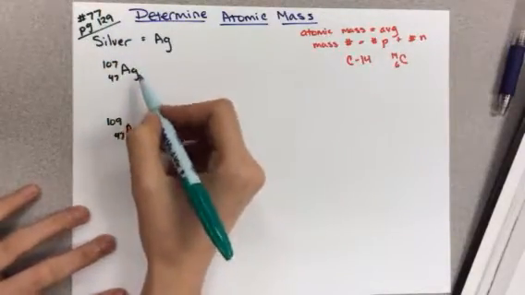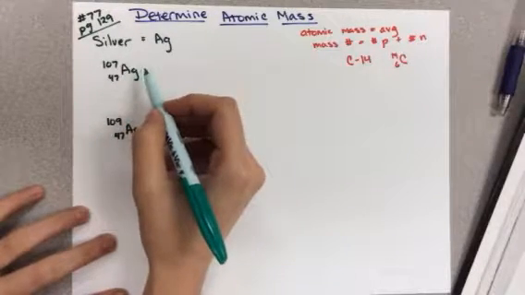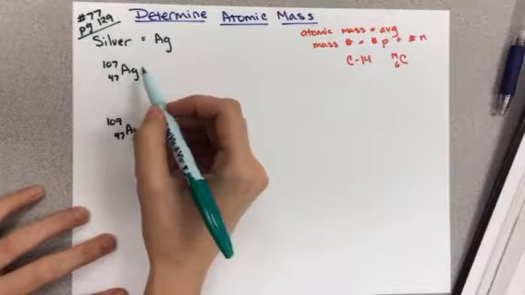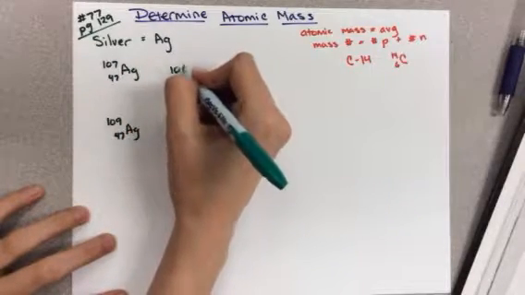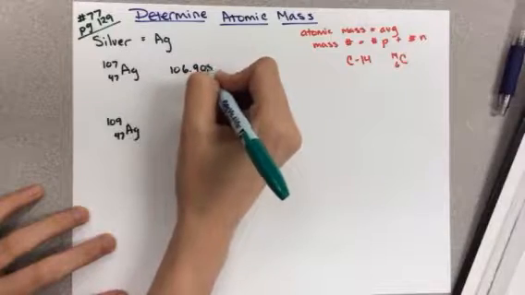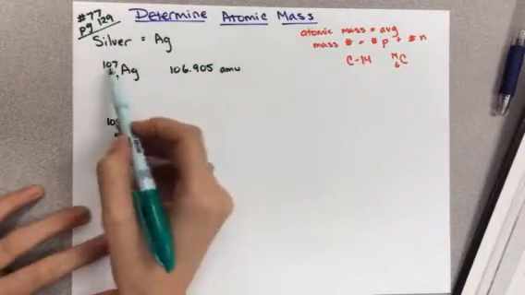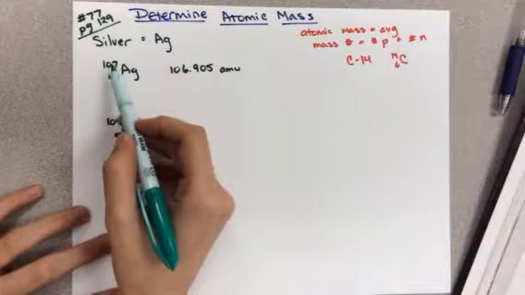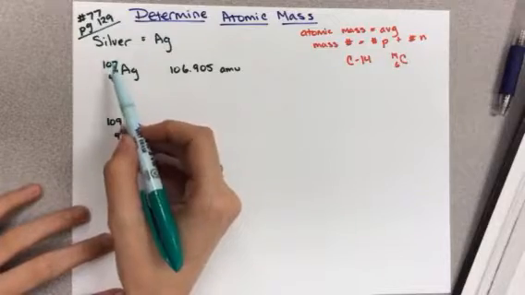So in that example, it tells us that the mass, not the atomic mass, but the mass of this isotope is actually 106.905 atomic mass units. So that's close to the 107 for the mass number, but the 107 is a rounded number.